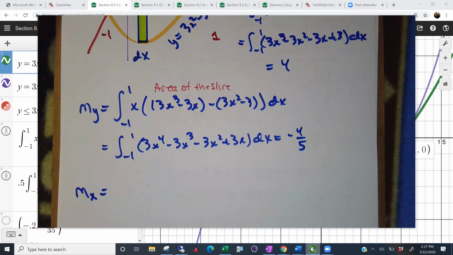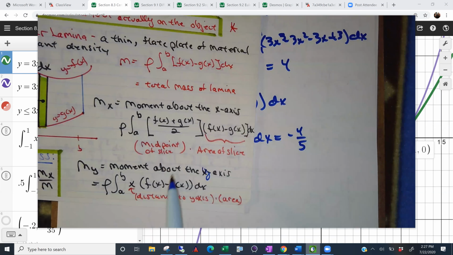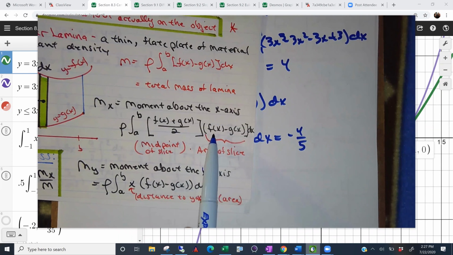Now, if we look all the way back to the first video in this 2-video sequence, one thing I had here was, for the moment around the x-axis, we had f of x plus g of x divided by 2, and f of x minus g of x. This was the area of one slice. This is the average midpoint. But there's actually some simplification you can do here.